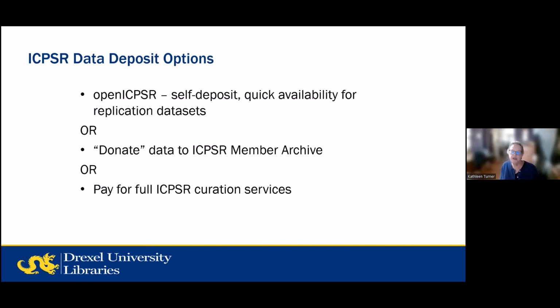Or researchers can pay for the full ICPSR curation services. And that's probably the level that most researchers who are looking at using ICPSR are going to be interested in looking at. So a little bit more about each of those options.